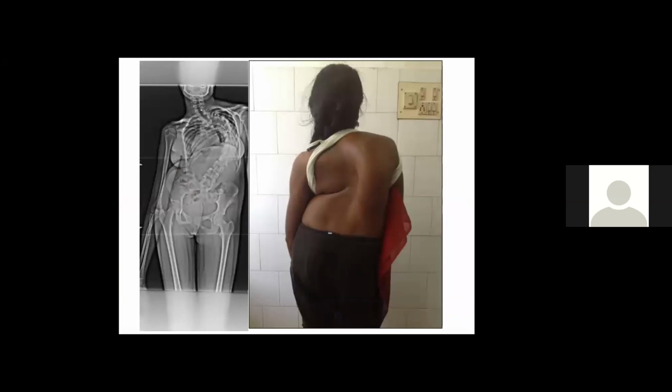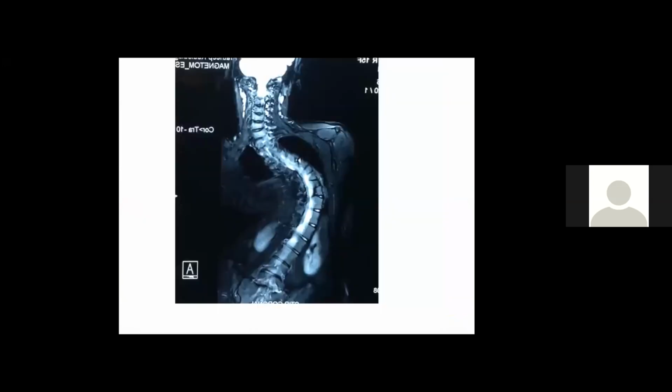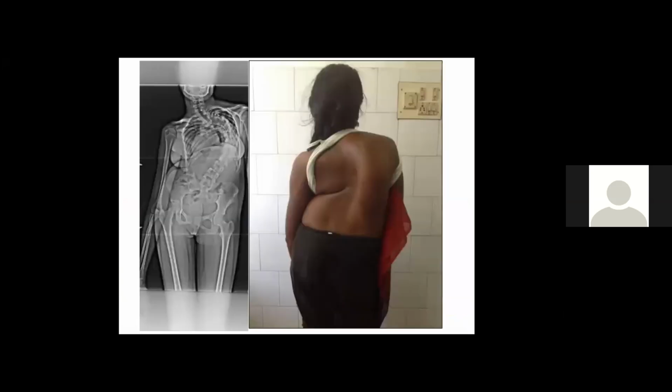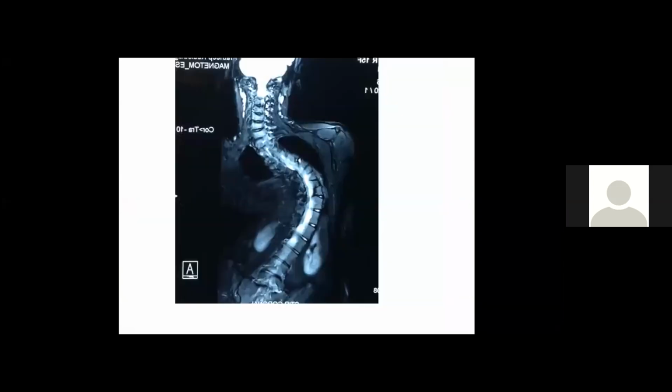So this was a case again of a young school going girl with a rigid proximal thoracic curve. The patient was having segmentation anomalies from T4 to T11 level, and the ribs were all fused on the convex side.